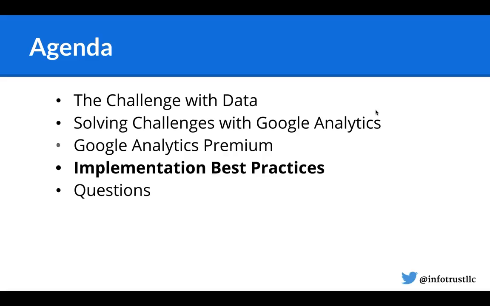Again, with the DoubleClick integration, which is only with Google Analytics Premium, you can pass that data between those two systems. But the major differences that I mentioned before is really the world-class enterprise support and the service level agreements.